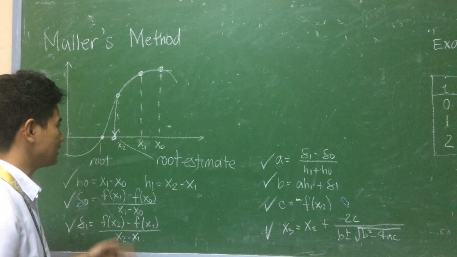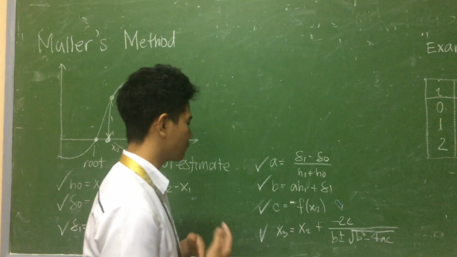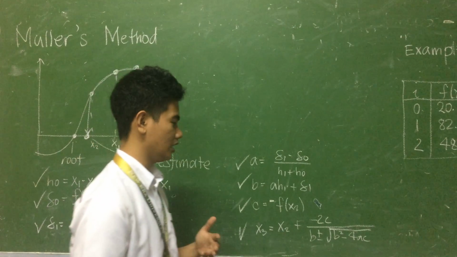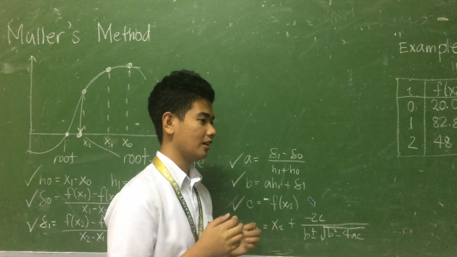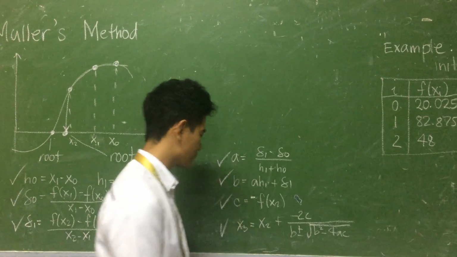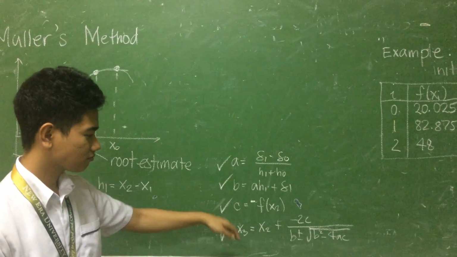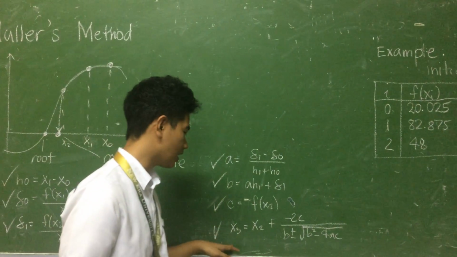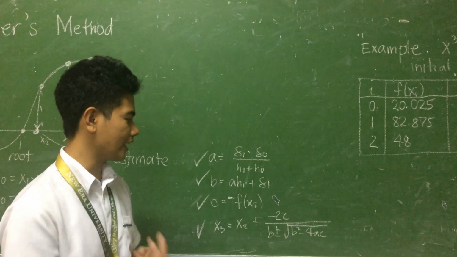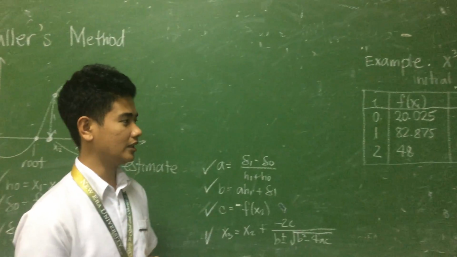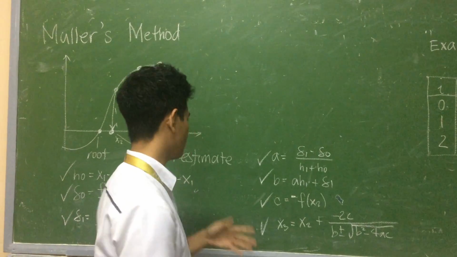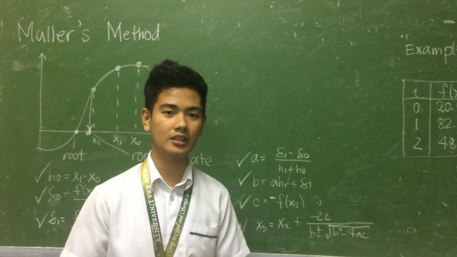And next, our approximated root can be derived by this equation. And then the next iteration will repeat all of the procedures we have been doing.